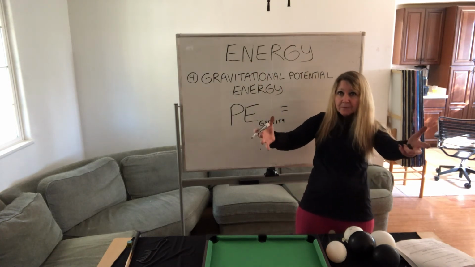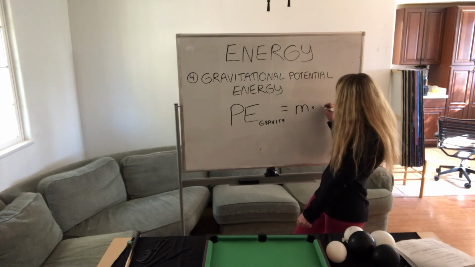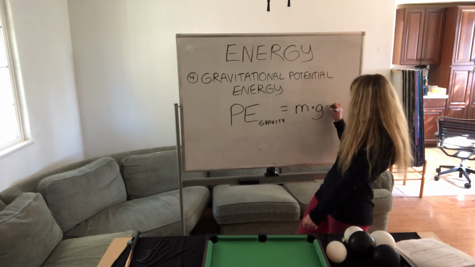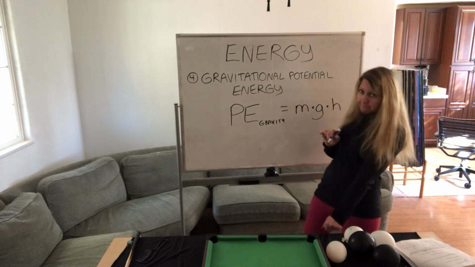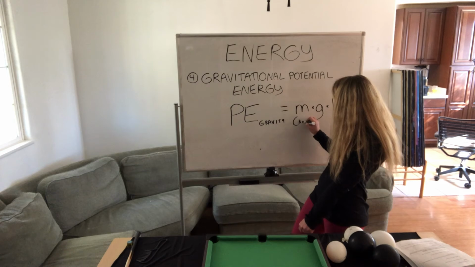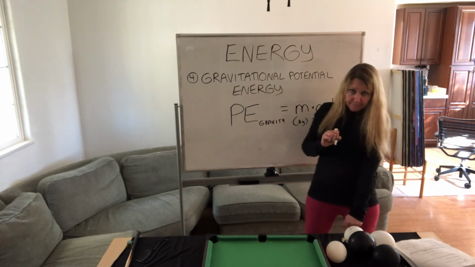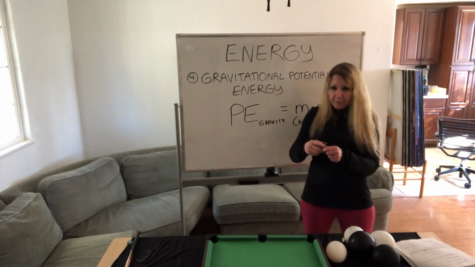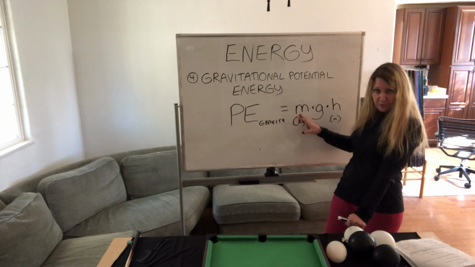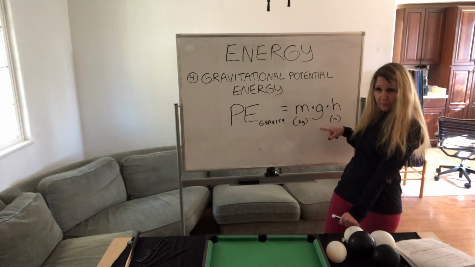The mass, times the acceleration of gravity, lowercase g, 9.8 meters per second squared, times the height. The mass is going to be in kilograms, and the height in meters. So you can calculate the gravitational potential energy of a roller coaster if you know the mass and the height, and we know g is 9.8.